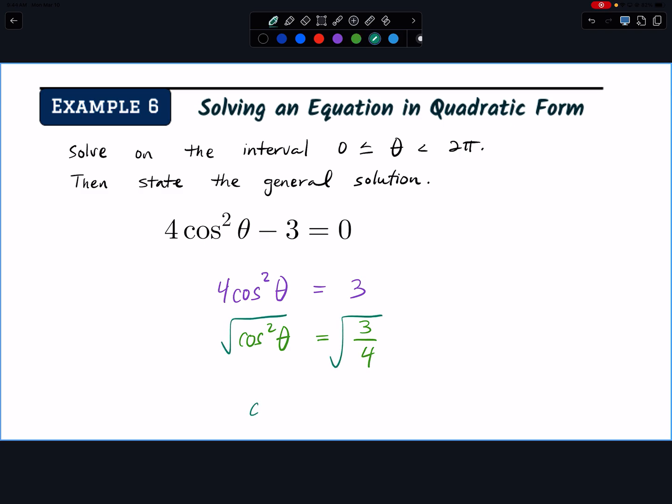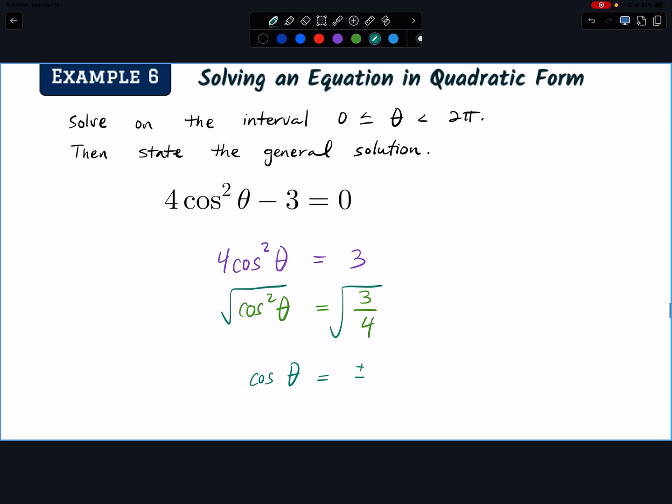So cosine of theta is equal to plus or minus. Do you guys agree square root of 3 is just square root of 3? And then the square root of 4 is 2. Okay. So this one's kind of complicated, but it's really not that bad.